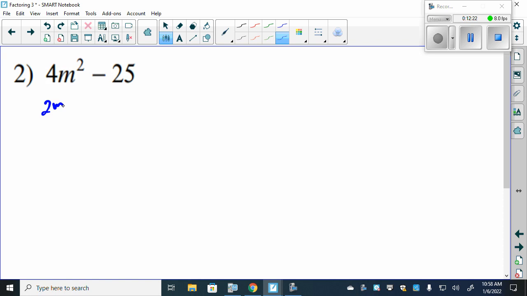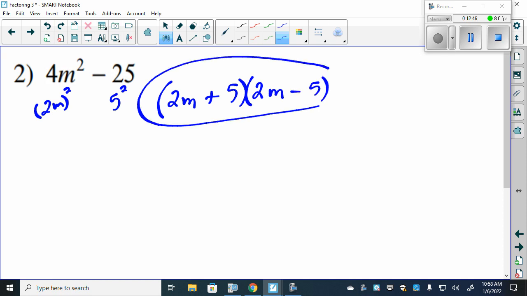And 25 is the same as 5 times 5. So both of these are perfect squares, yes? So if I wanted to factor this, it would factor in the form of what? 2m plus 5 times, and that's it.